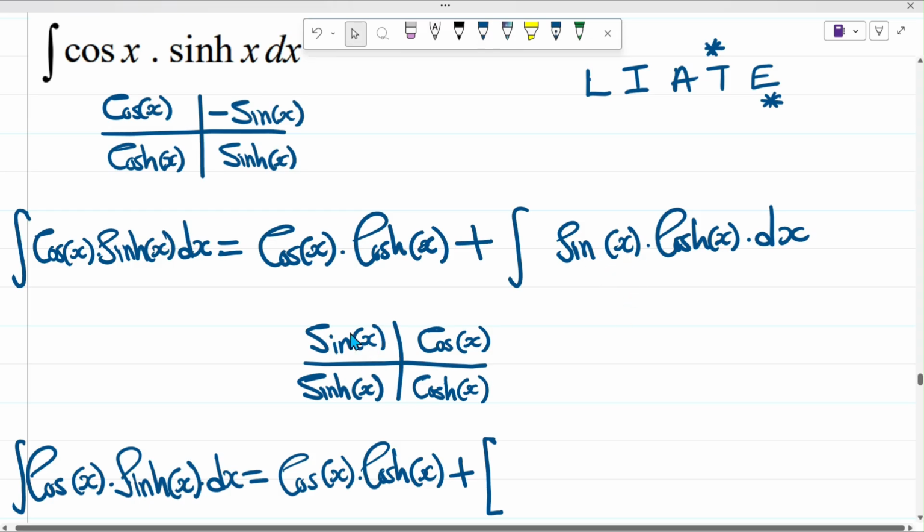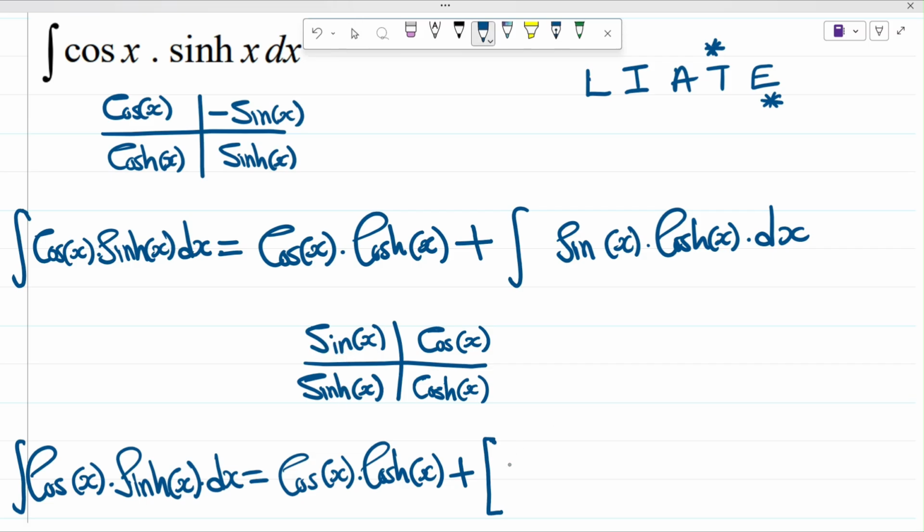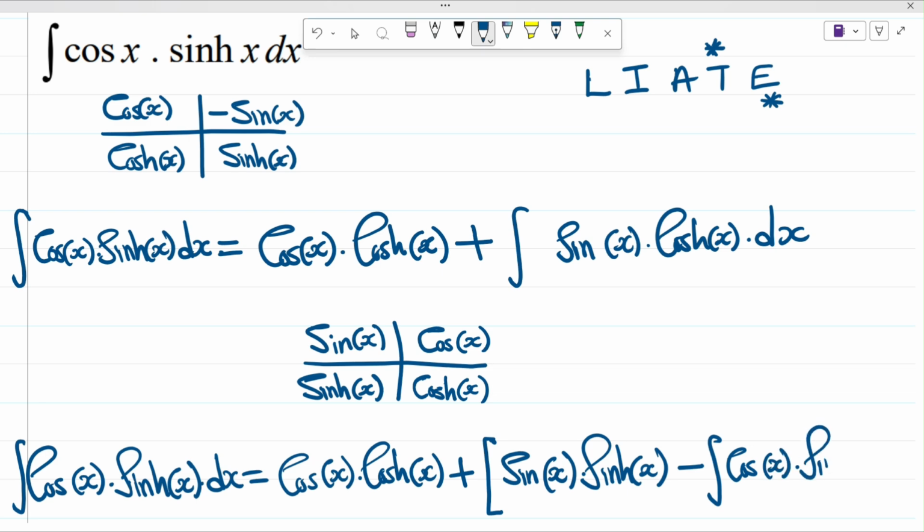Then I apply that integration by parts for this integral. So it's going to be this second multiplied by the third, so it's going to be sine of x multiplied by the hyperbolic sine of x minus what? Minus the integral of cos of x multiplied by the hyperbolic sine of x dx.